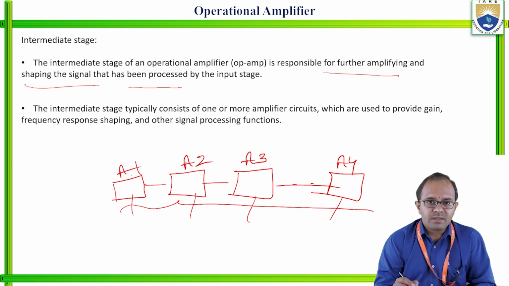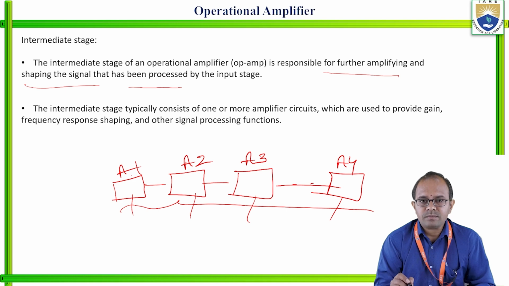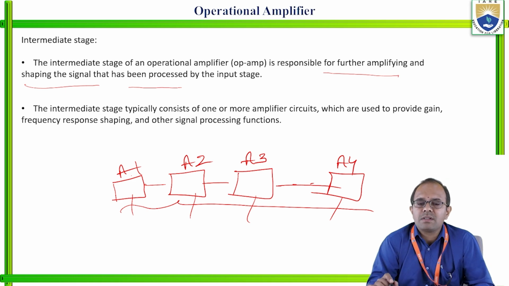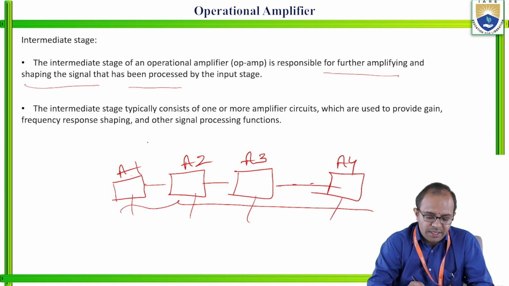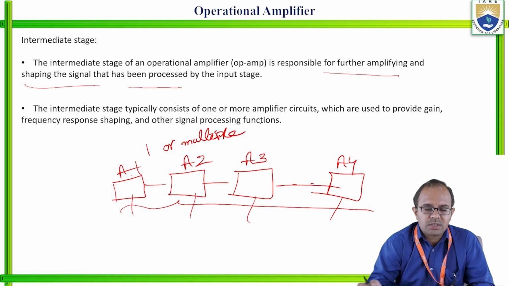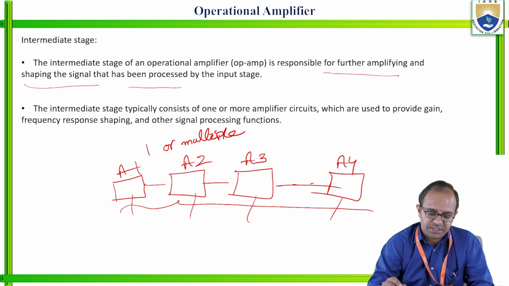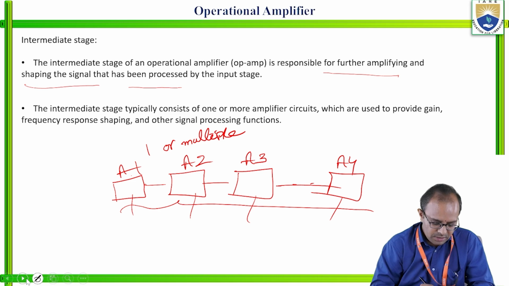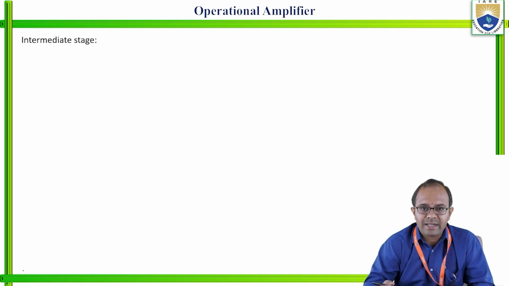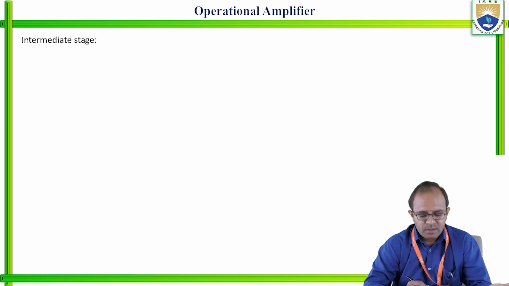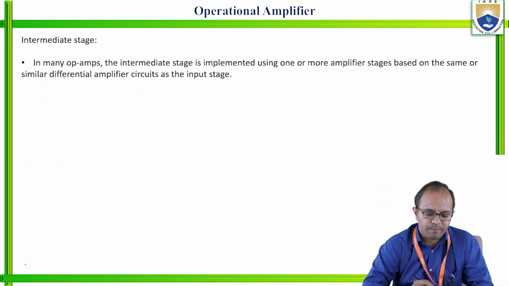That's why the intermediate stage is basically responsible for further amplification of the input signal. It may be one circuit or multiple circuits in the intermediate stage. Do remember, it is all about the requirement, how much gain you want to achieve.